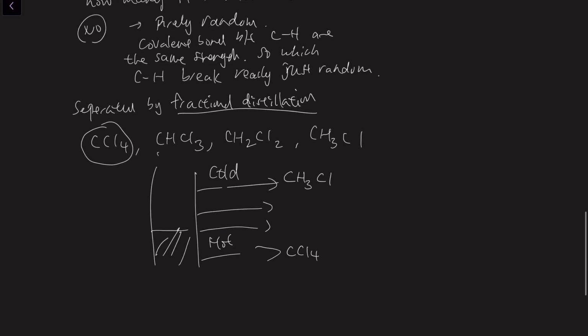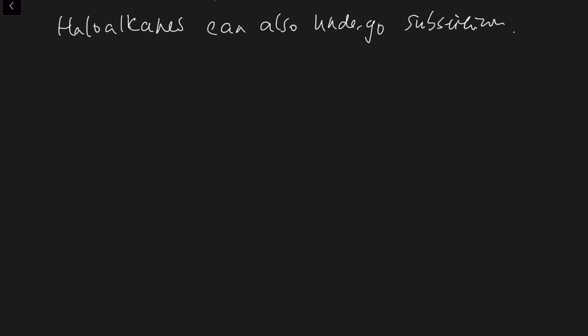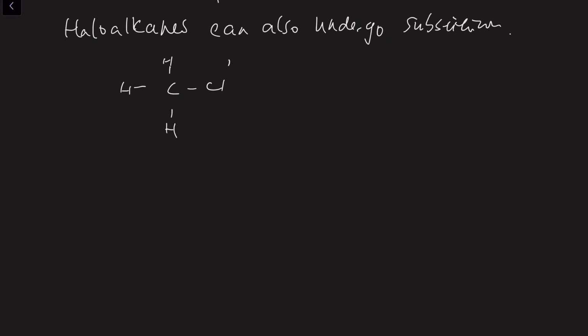And we can do something even further. Haloalkanes can also undergo substitution. So for example, the chloromethane. We know that the chlorine atom is more electronegative than the carbon atom.